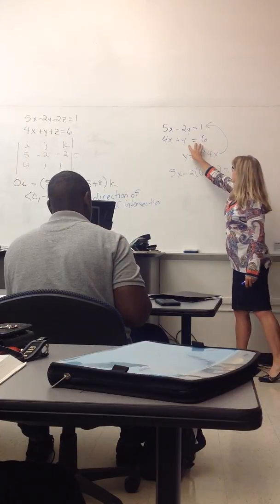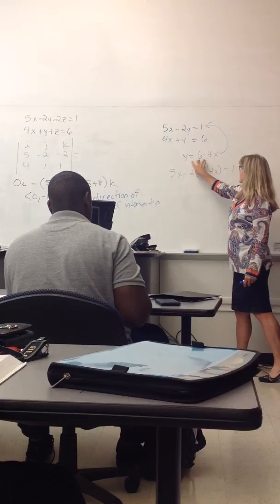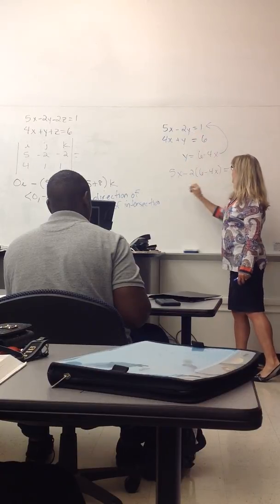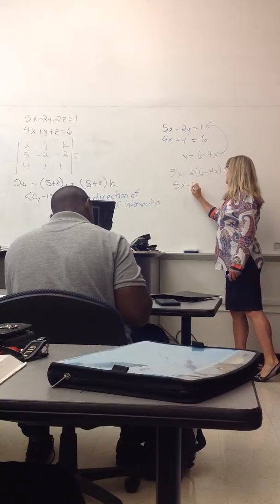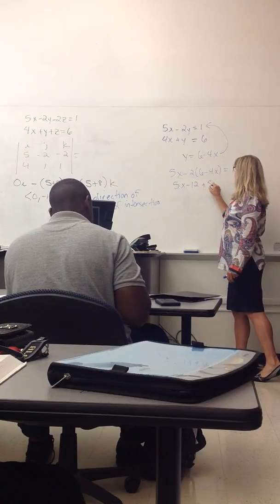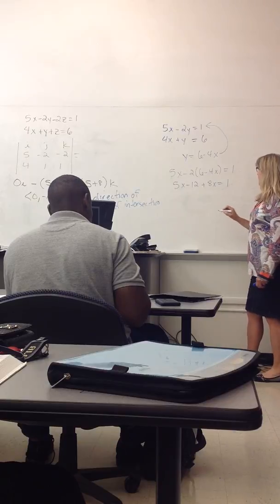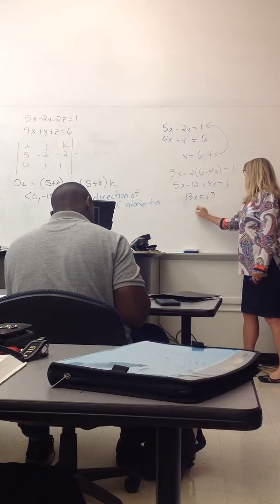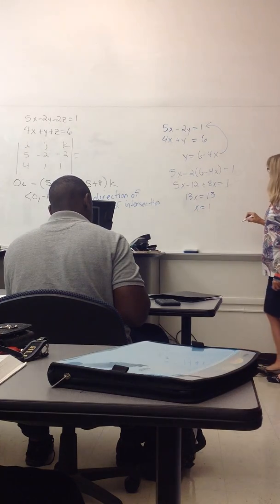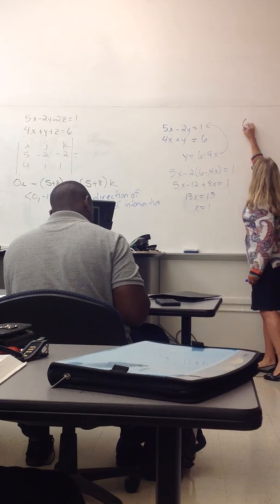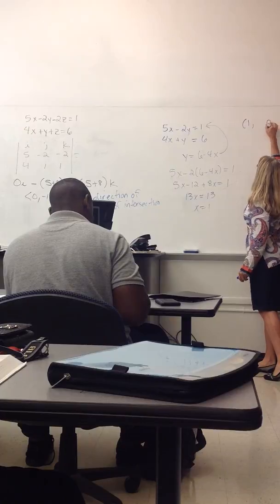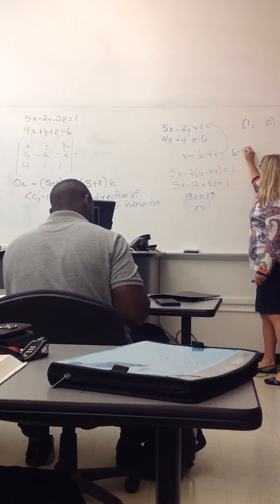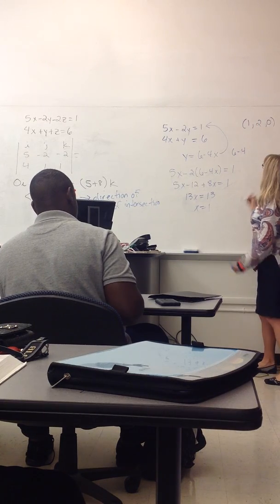Okay, so I took this equation, rewrote it, solved for y, and then used that up here. So 5x minus 12 plus 8x equals 1. So 13x equals 13, so x equals 1. So my point so far, x is 1, z is 0, and y would be 6 minus 4, or 2.